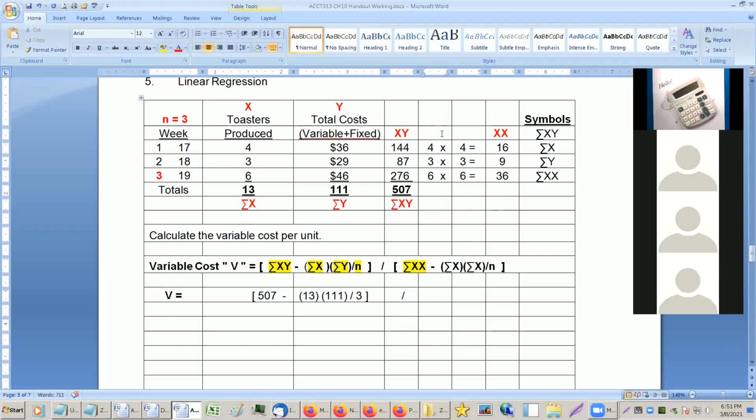So again, these are just x's. X times x. Add it up.